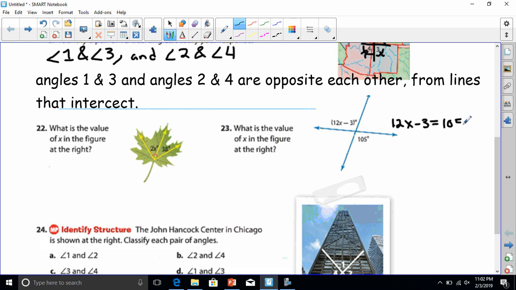And as most people can see, we have a two-step equation here. Well, I do PEMDAS backwards, so I'm going to do my addition and subtraction first. There's subtraction, so to get rid of negative 3, I'll need positive 3. Whatever I do to one side, I do to the other side. Now 12x has to equal 108.